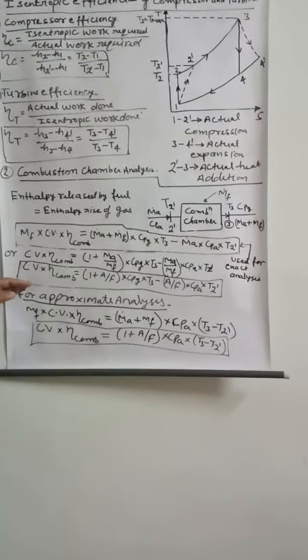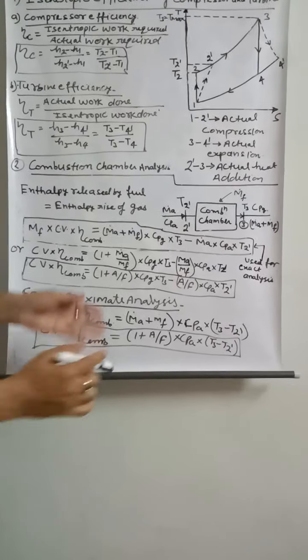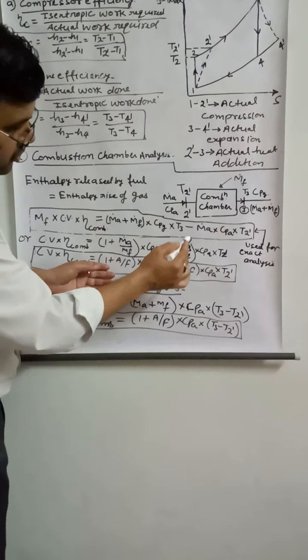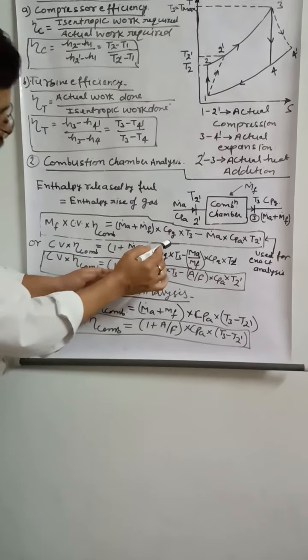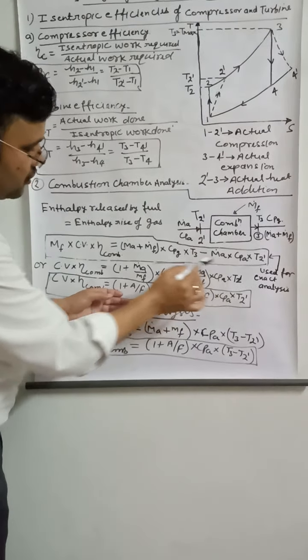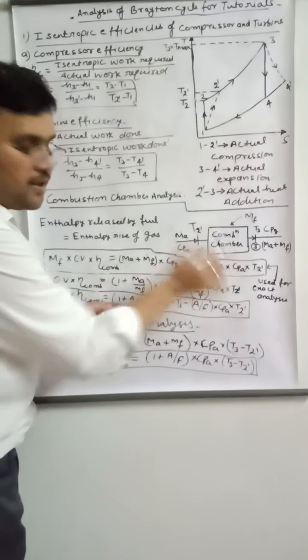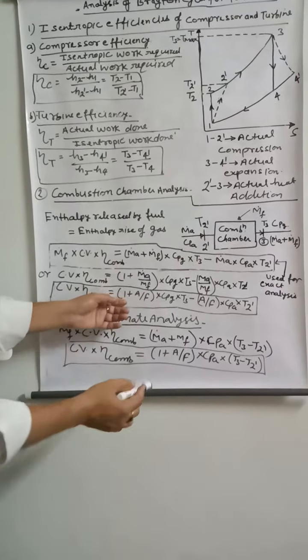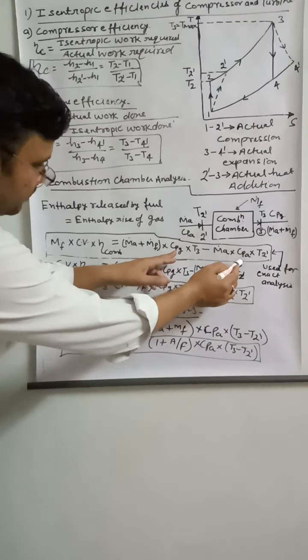Sometimes approximate analysis is also done. In that case what? We assume that the specific heat of gas is equal to the specific heat of air. So in that case what will happen? Cpg will be equal to Cpa, right?